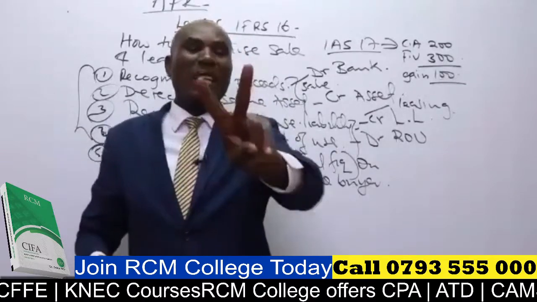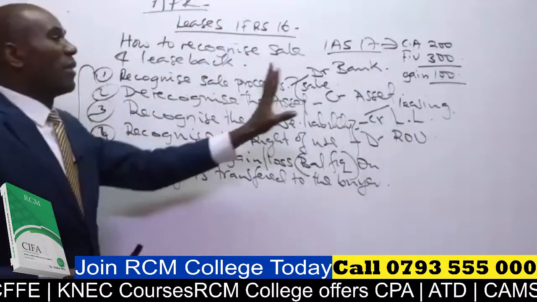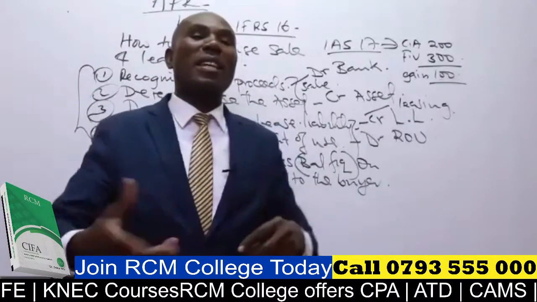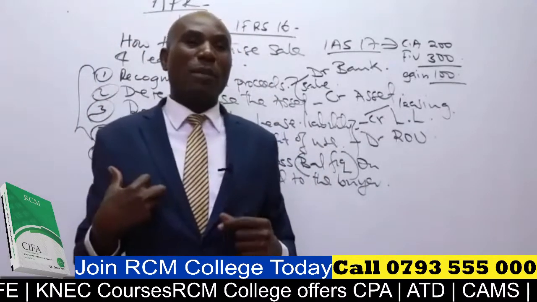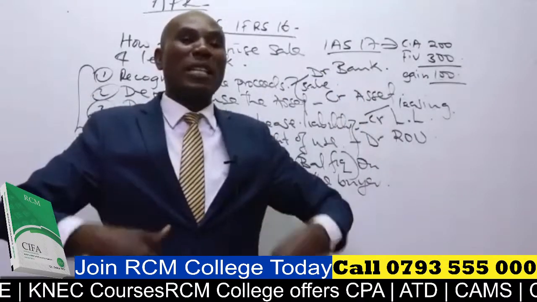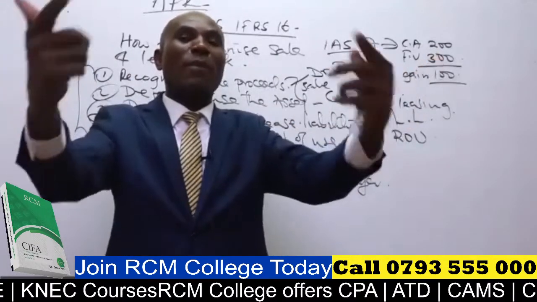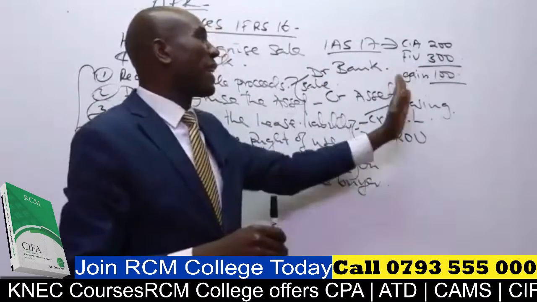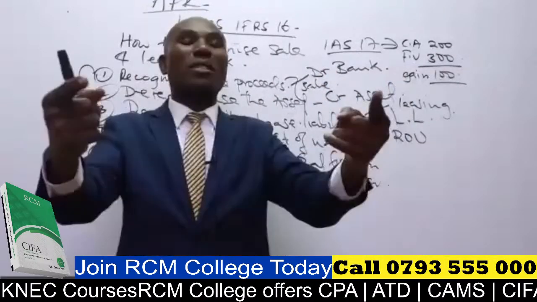I have just said, when you sell the asset, there are 2 rights. The rights you are retaining, why are you retaining the rights? Because you are taking the asset back. Therefore, there are rights you retained, there are rights you transferred to the buyer. Therefore, you are only going to determine the gain on the rights transferred to the buyer.